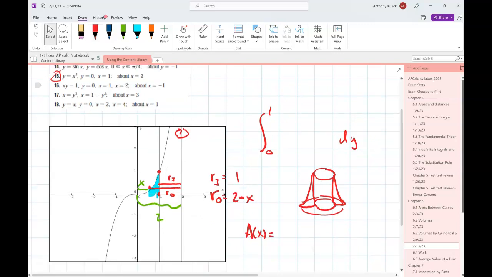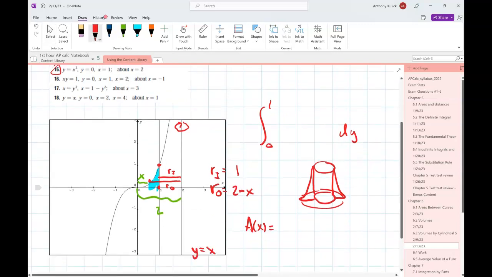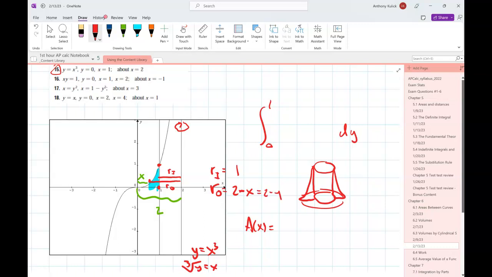So I know that y equals x cubed, so the cube root of y is equal to x. So pi times r outer squared minus r inner squared, integrating from 0 to 1.